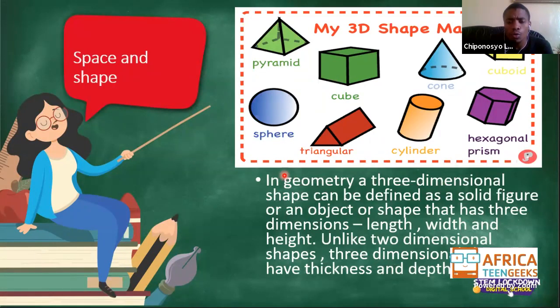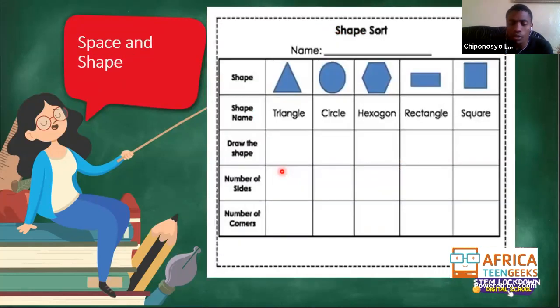Right, let us go to a small exercise. I'm going to give you guys 5 minutes. In these minutes you're going to try and answer this. For example, you write triangle, number of sides 3, number of corners 3.